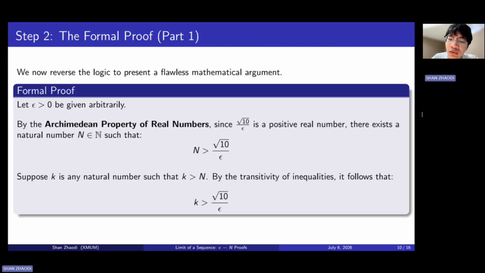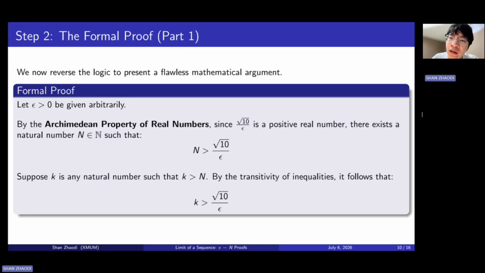Now let's reverse the logic to present a flawless mathematical argument. Let epsilon be greater than 0. By the Archimedean property of real numbers, since the square root of 10 over epsilon is a positive real number, there exists a natural number N that is strictly greater than it.